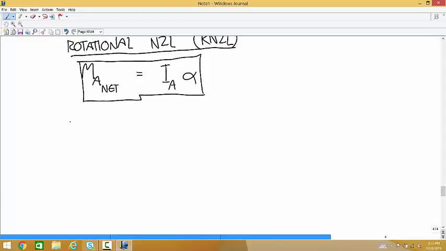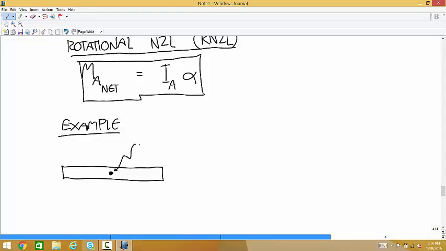Okay, so I'm going to do two examples that are similar, but I think they'll show how this all works. So let's say there's a board, and it has an axis in the middle. And there's a 10 Newton force applied down on the left, and a 5 Newton force applied up on the right.